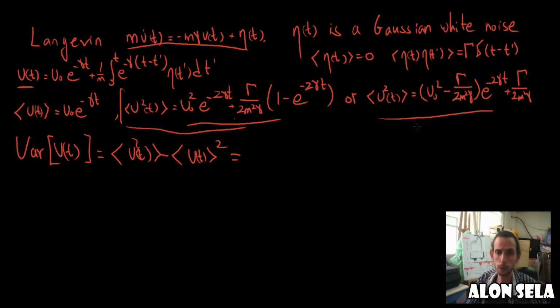It's okay to use this one also. I'll use this one. So we have v naught squared e to the minus 2 gamma t plus gamma over 2m squared gamma times 1 minus e to the minus 2 gamma t.